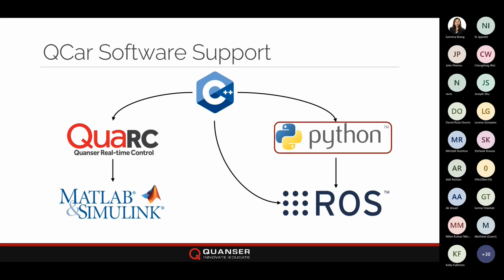So looking at the software support that QCars had up until this point, we've supported both Simulink, ROS, and ROS nodes in both Python and C++.